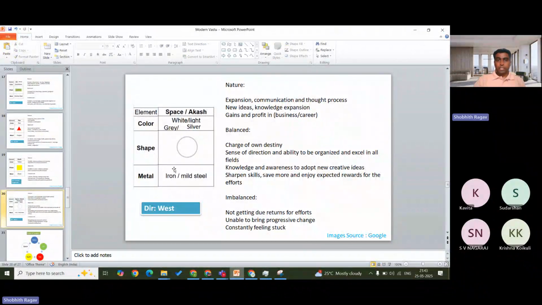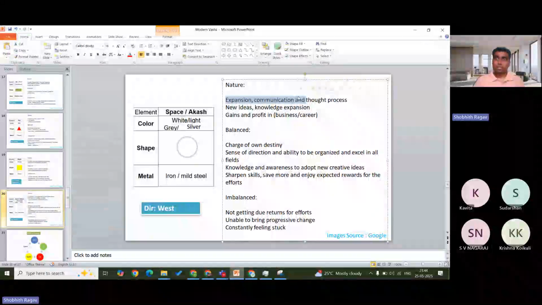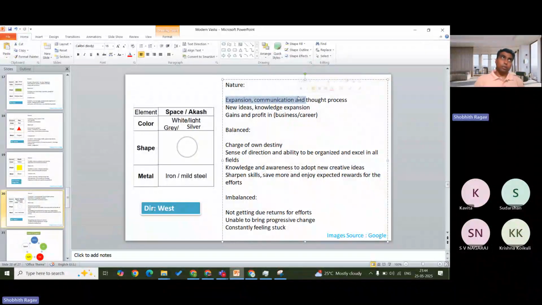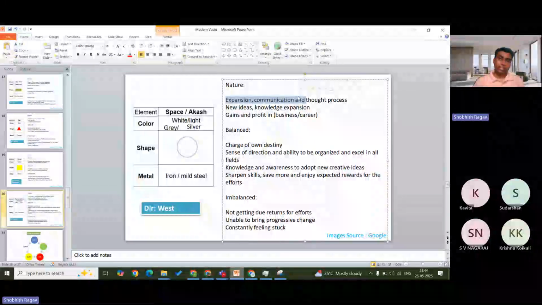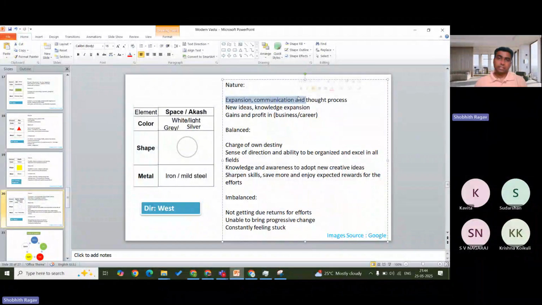So what space element gives is expansion, good communication, and your thought process also will be very clear. It will give new ideas. Your knowledge also expands, because if you look at the west direction, west of southwest, that is the area for knowledge, skill, learning, and all that.